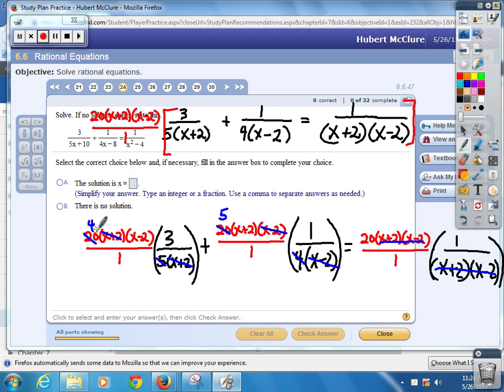So what's 4 times x minus 2 times 3? 12x minus 24. Okay, 12 times x minus 2, and you're going to distribute. This is 5 times 1 is 5 times x plus 2. I'll do this one for you. That was 20.